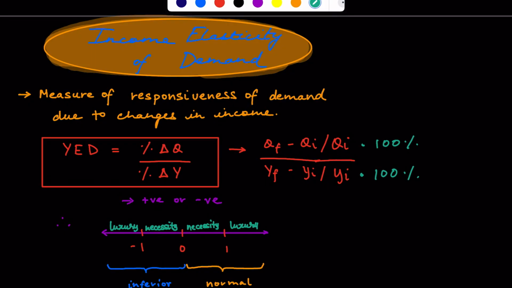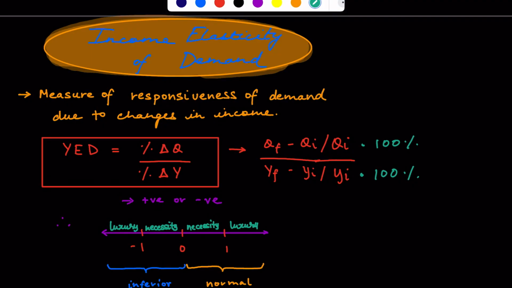So when you're calculating income elasticity of demand, you use a formula very similar to price elasticity, except where you have the change in price in the denominator for price elasticity of demand, you would have change in income.